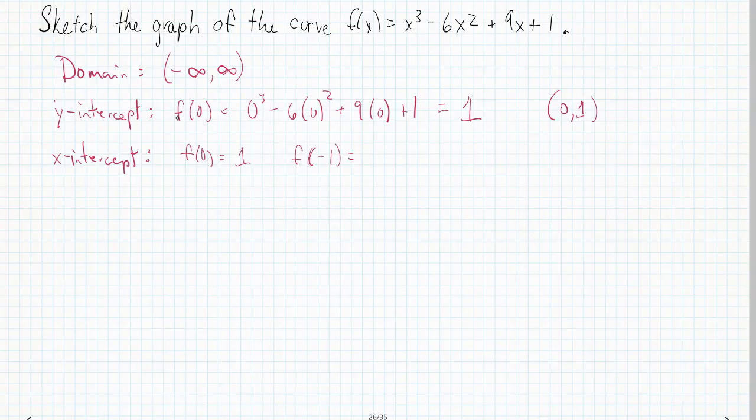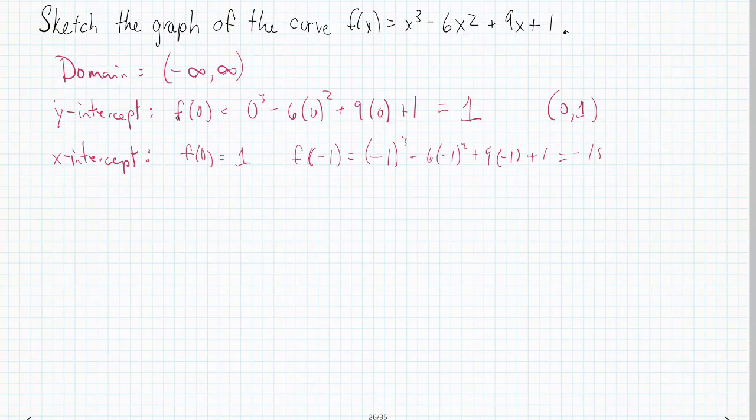Okay. So if you plug in f of negative 1, what do we get? We get negative 1, the quantity cubed, minus 6 times negative 1 squared, plus 9 times negative 1, plus 1. So that gives us negative 1, negative 6, negative 9, plus 1, which is negative 15.